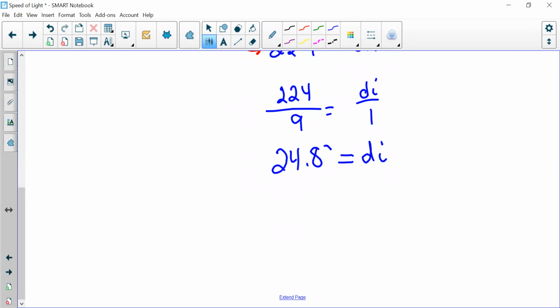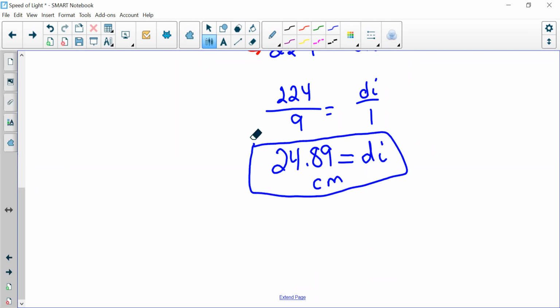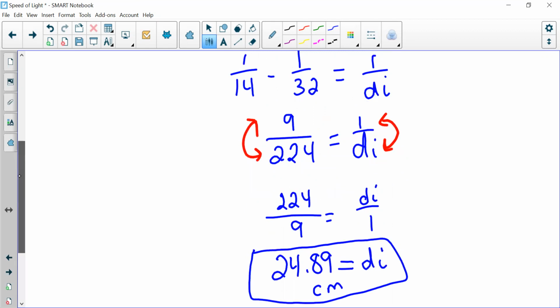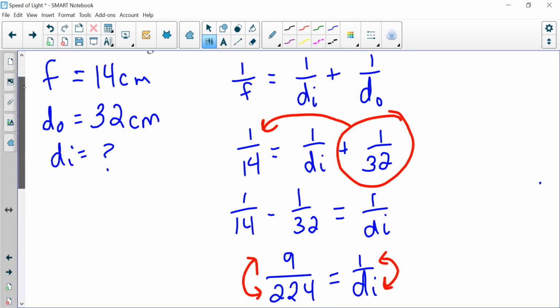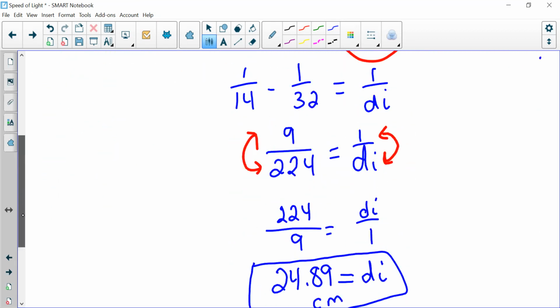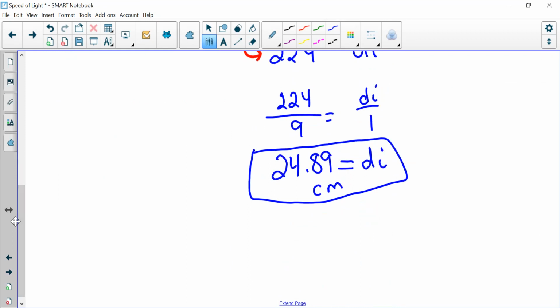Anyone have questions on any of that process that your classmates just led us through here? Questions? What if this question asked me, is this a real or virtual image? How would I know?